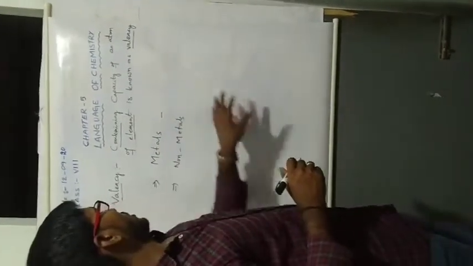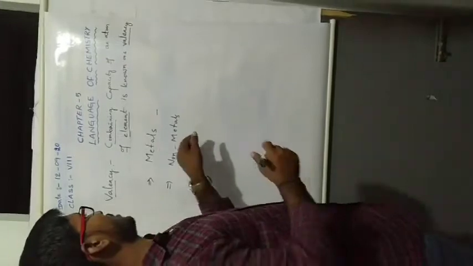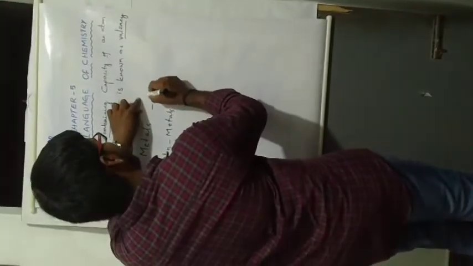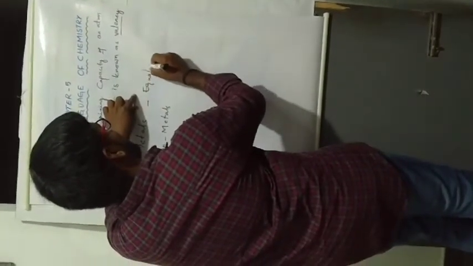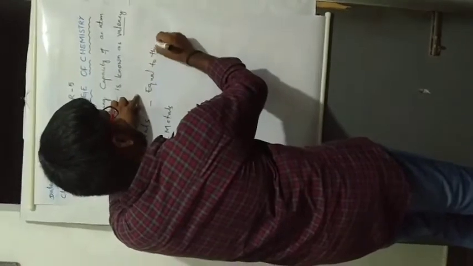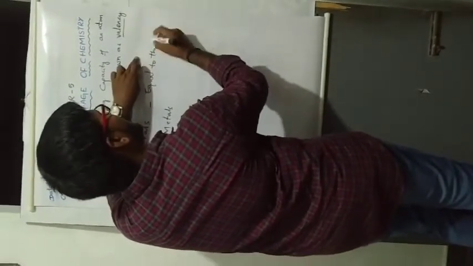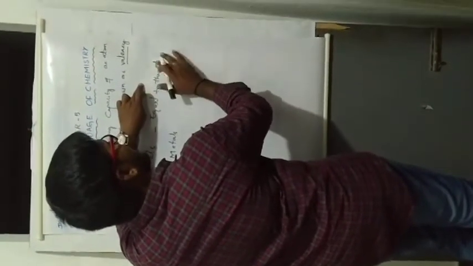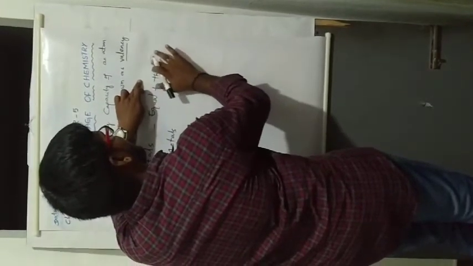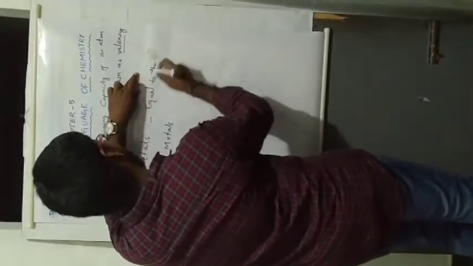There is a simple formula to find the valency of metals. It is equal to the electrons in the outermost shell, that is, the outer electrons, the valence electrons.